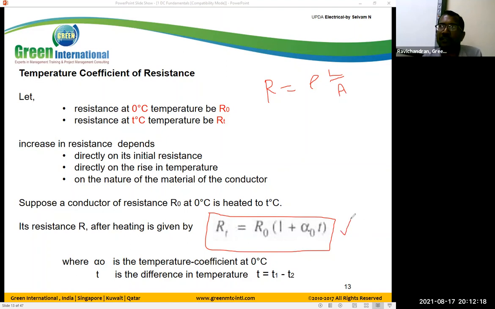That formula is called RT, which is equal to R naught, 1 plus alpha naught T.